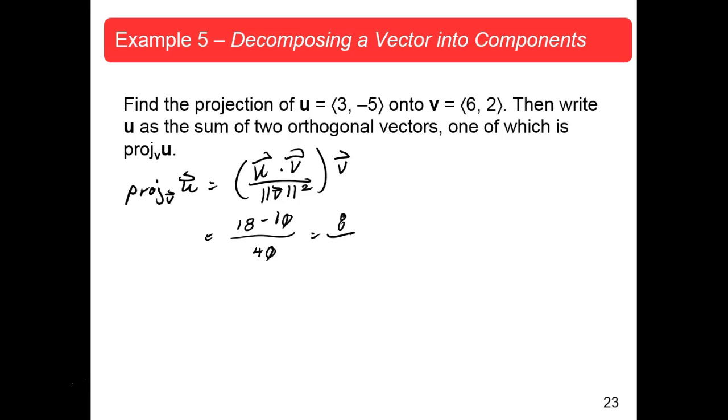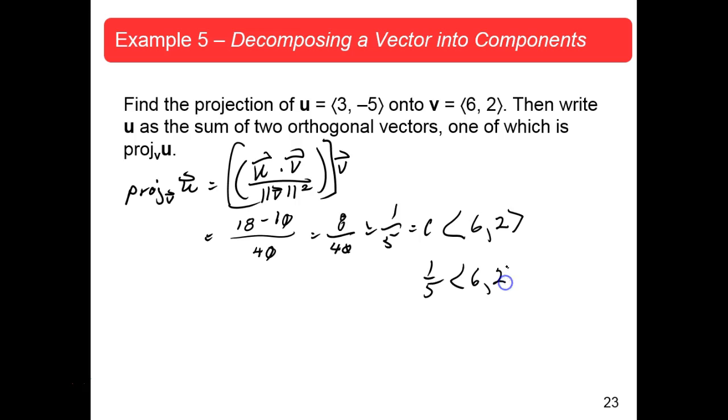We didn't need that because it's magnitude squared, which the magnitude is root 40. Magnitude squared is just 40. So 8 over 40 is 1 over 5. So there's this part. That's your scalar part. That's the c. And then you multiply that by the vector v, which is (6, 2). So this will be 1/5 of (6, 2).